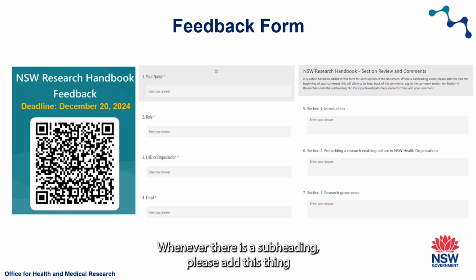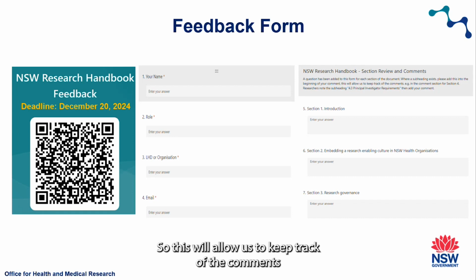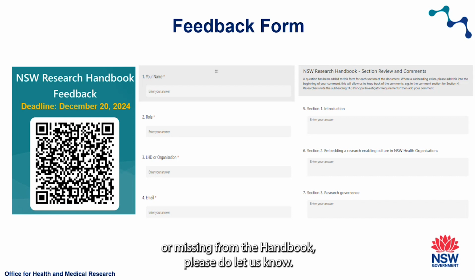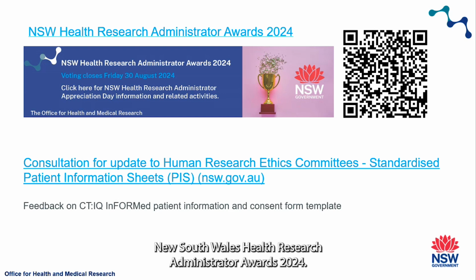Whenever there is a subheading, please add this at the beginning of your comment. This will allow us to keep track of the comments and make amendments to the respective section. If you feel any sections or topics relevant to research staff are missing from this handbook, please do let us know.